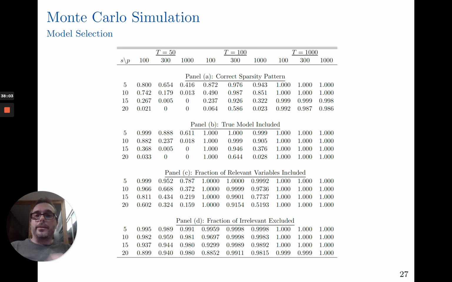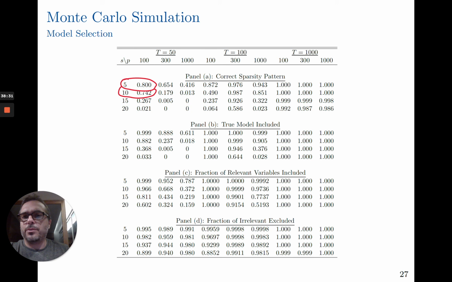Now it's interesting, okay, but let's talk about correct sparsity pattern. What's correct sparsity pattern? That we are doing the model selection right. We are selecting the right variables, and we are also excluding the right variables to exclude. And what we can see is that for t equals 50, we can do reasonably well here and here.